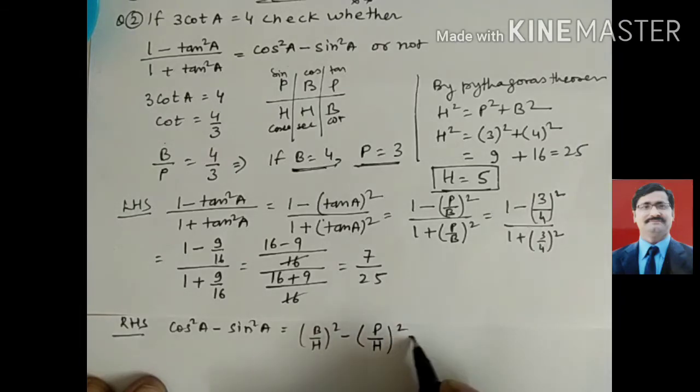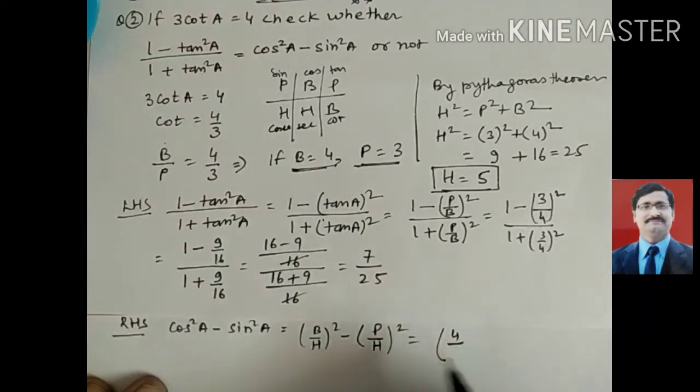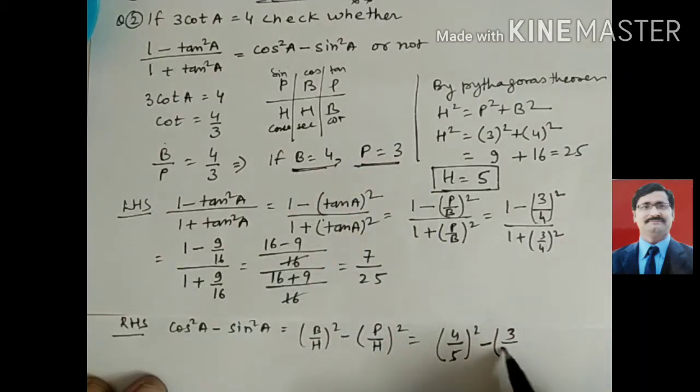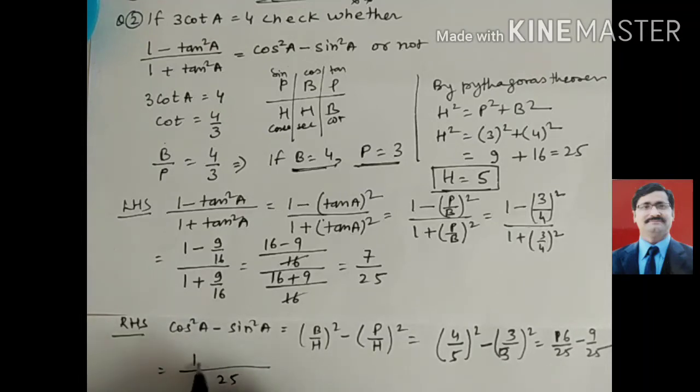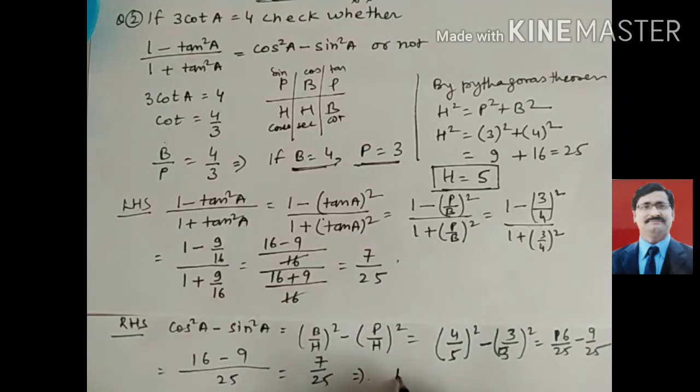Base is 4, hypotenuse is 5, minus perpendicular 3 and hypotenuse 5. So we get 4 square is 16 upon 25 minus 9 upon 25. 25 is the LCM, we get 16 minus 9, which is 7 upon 25. This time we get that the left hand side and right hand side are both equal. Left hand side equals right hand side.